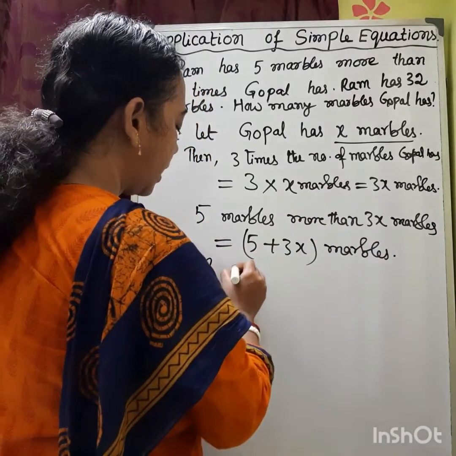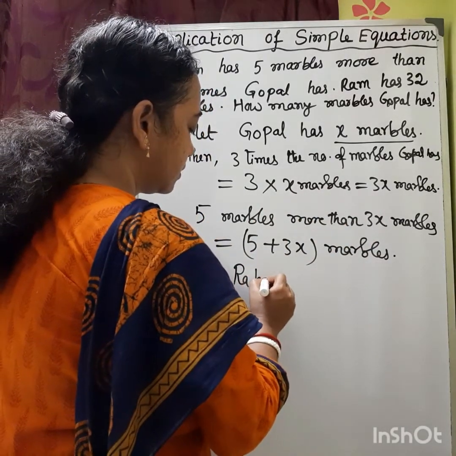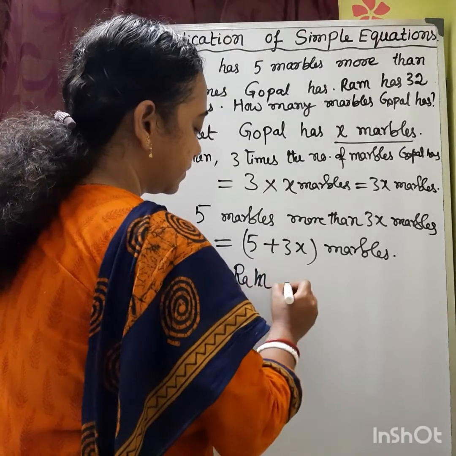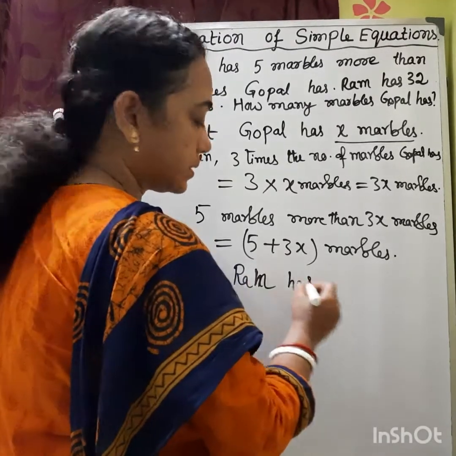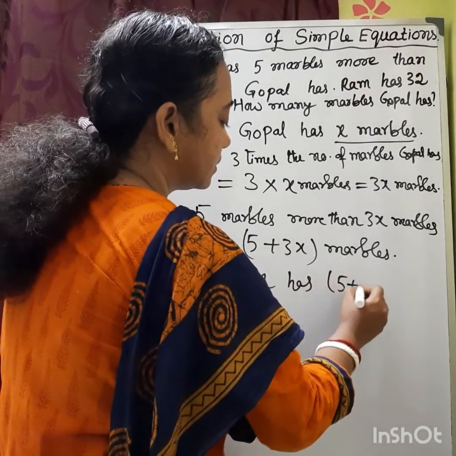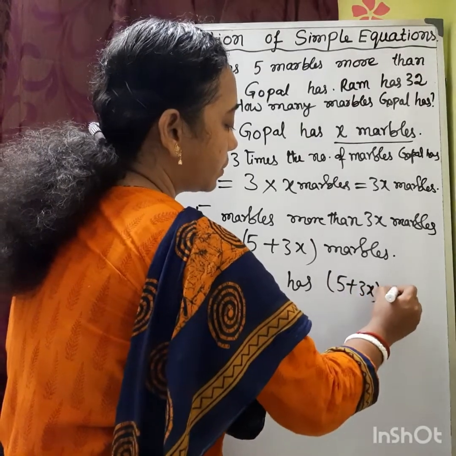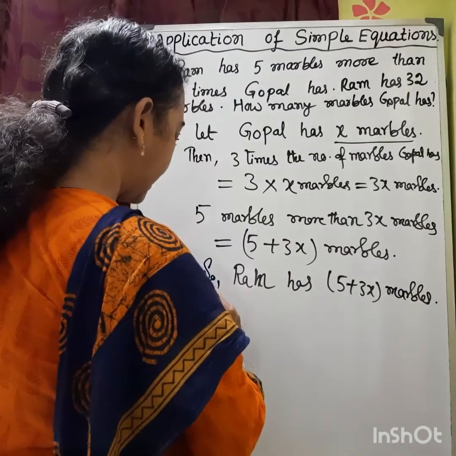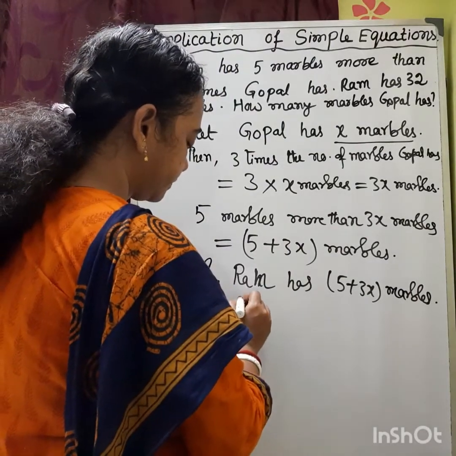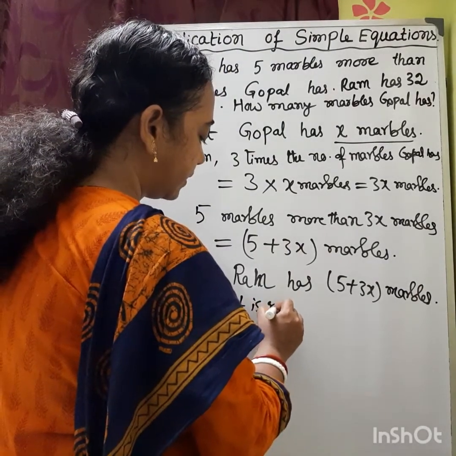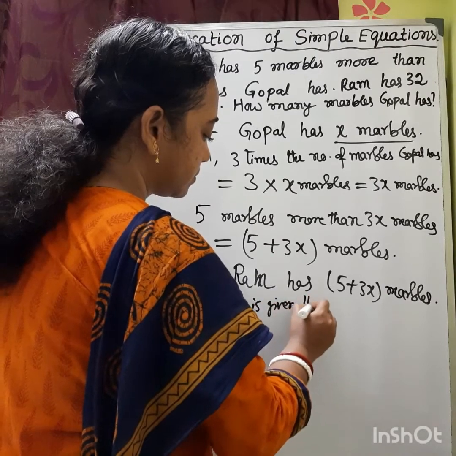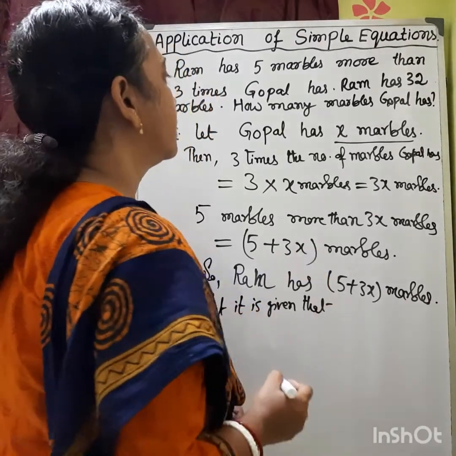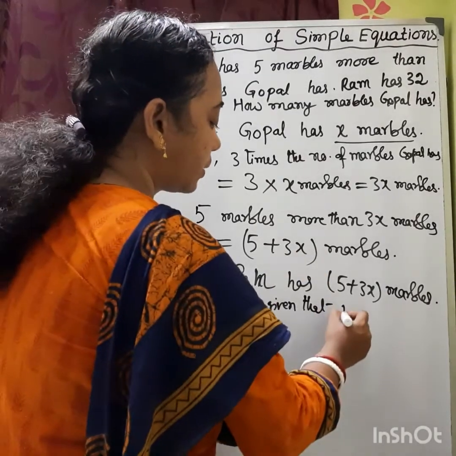So Ram has 5 plus 3x number of marbles. But it is given that Ram has 32 marbles.